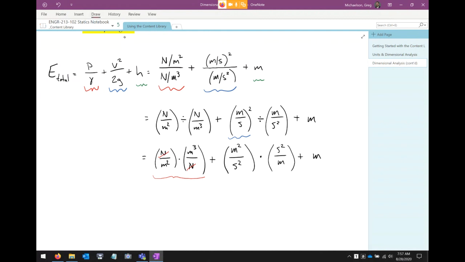And so I'm just going to be left with meters. Plus, and then what do I have over here? Well, what do we have with this term? Well, the second squared cancel, and then I have meters squared over meter, just meter, plus meters.